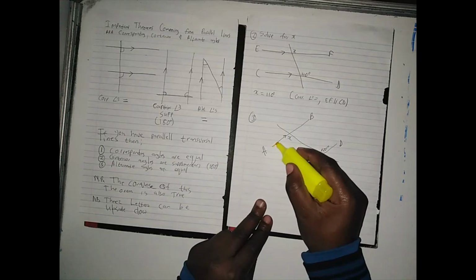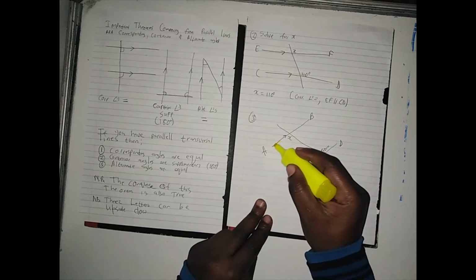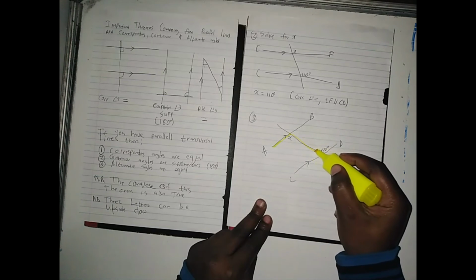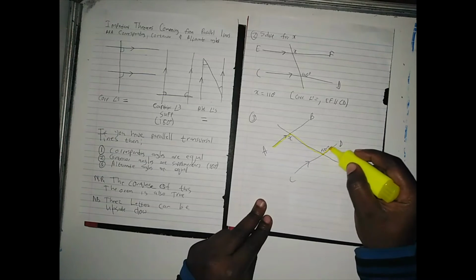But now, when you look at this one, you can see you've got something which is a sort of Z. Now, let us just highlight it so that you can see. You've got this one, this one, this one. Can you see? It is a Z shape.